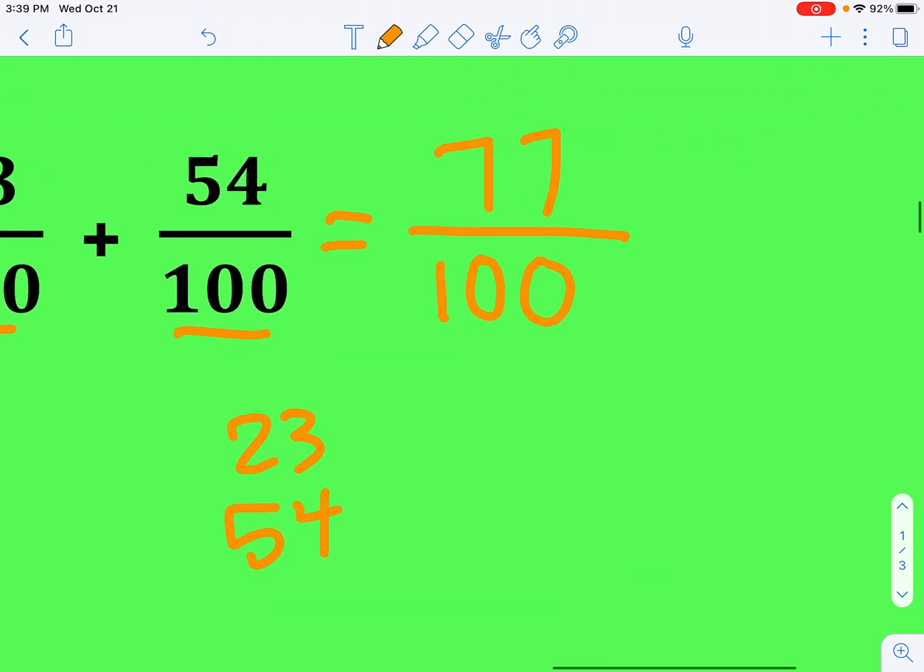Can I simplify 77 over 100? I know 77 is 7 times 11, but 100 isn't divisible by 7 or 11. So I don't think I can simplify it. My answer is just 77 over 100.